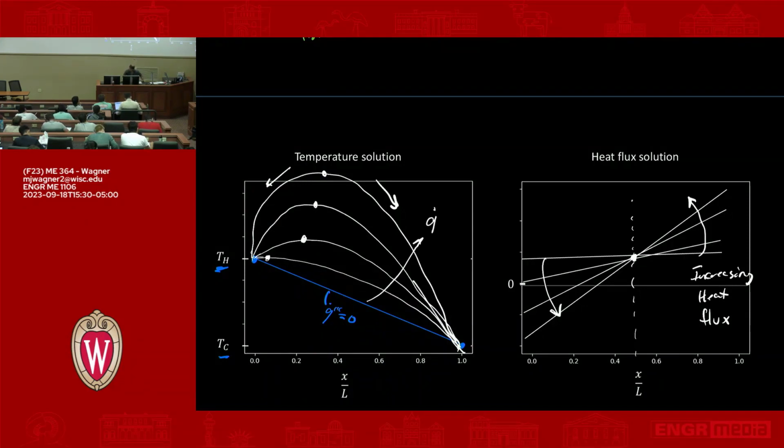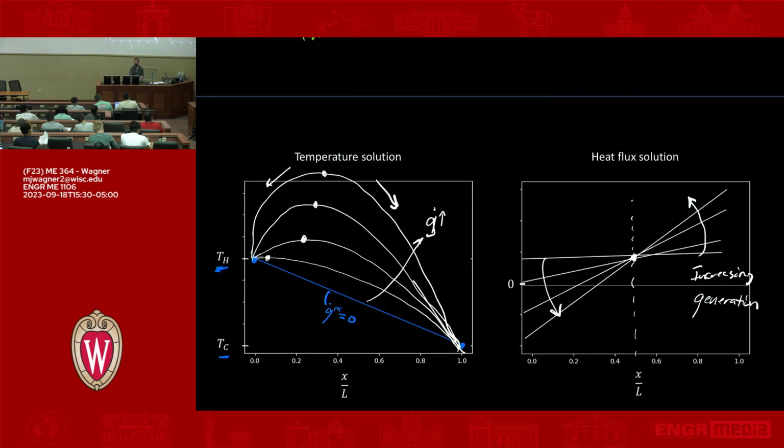Q dot is increasing, or sorry, G dot is increasing. What I mean is not increasing heat flux, I mean increasing generation. Got that clear? They all intersect at one point, and you start to see that the zero crossing line changes for the different solutions. It's carrying it out to the conclusion.